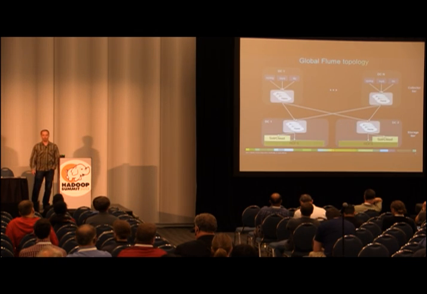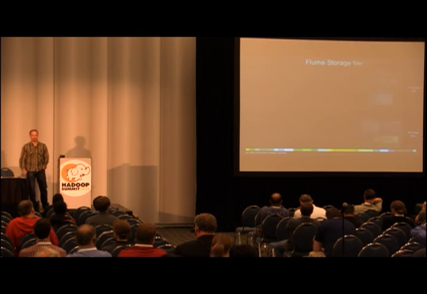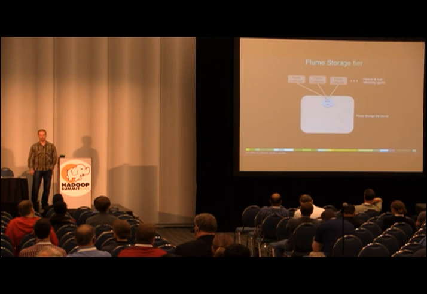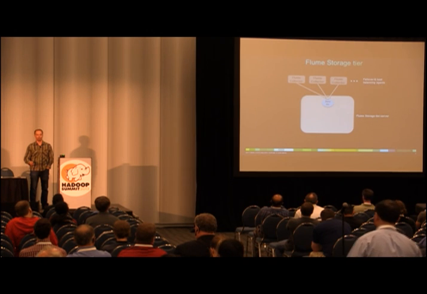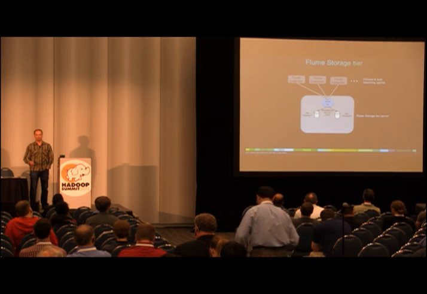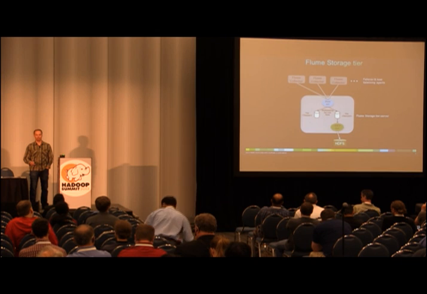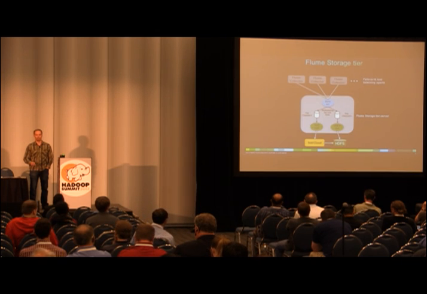Then drilling deeper into the storage tier. The storage tier is similar to the collector tier, but it gets the events from the higher level, which is the collector tier. And it multiplexes the events to HDFS for final storage and Solr Sink using a multiplexing fan-out system.